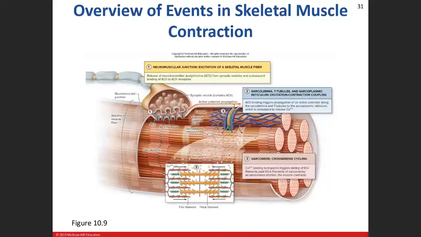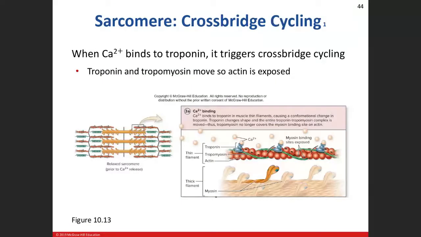Okay, so the last part, going back to this slide here. This last event that we're going to discuss is the sarcomere cross-bridge cycling. We just talked about all this stuff here, trying to get the calcium out. Now, the final part, the third event in skeletal muscle contraction, is the cross-bridge cycling.